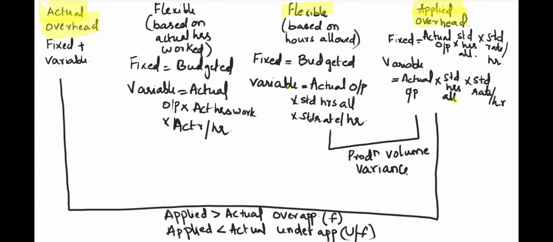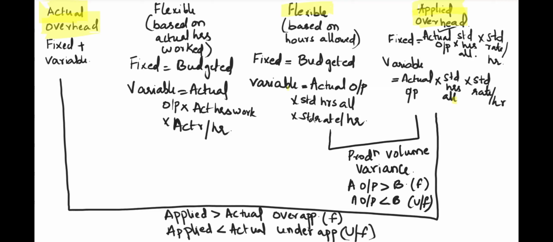In a production volume variance, you are checking the difference between the output that was budgeted and the actual output produced. If the budgeted output is greater than actual output produced, it is an unfavorable situation. I thought I would produce so many units, but I actually produced fewer, so it's an unfavorable variance. In the opposite case, when actual production is greater than budgeted, it is a favorable variance.